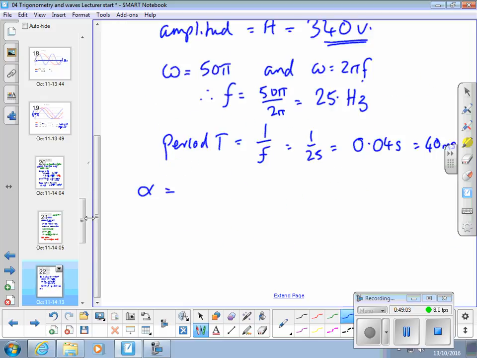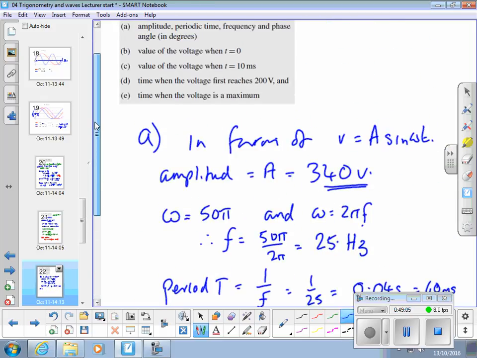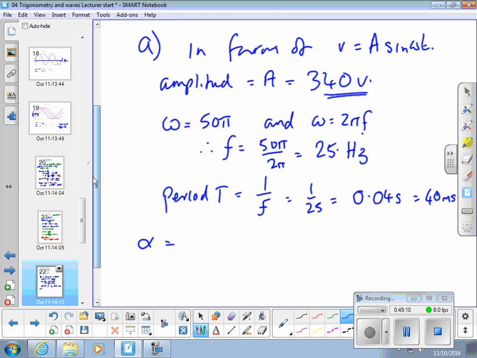Alpha is equal to minus 0.541 rad, sorry.